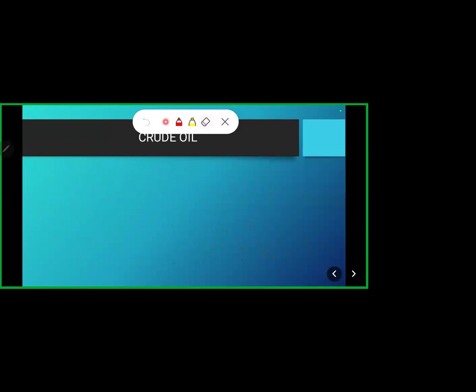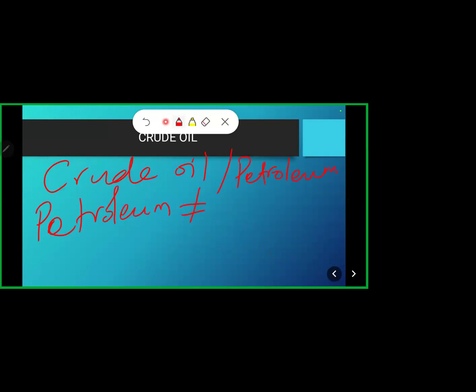So one of the alkanes we have in our daily life is called crude oil. This crude oil is also called petroleum. And in this lesson, you're going to discover that petroleum and petrol are not the same.